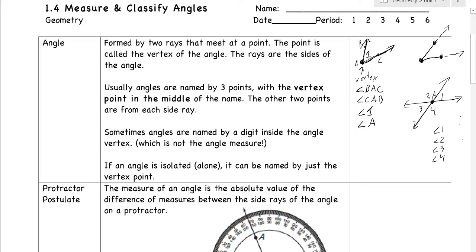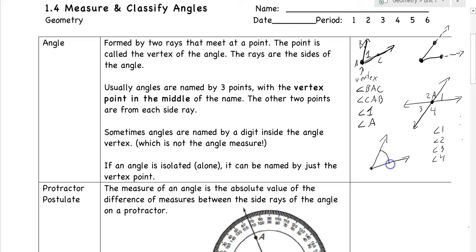If we want the number inside to be the measure of the angle, how many degrees the rays are apart from each other, remember all the way around a circle is 360 degrees. So these angles chop a circle up into a certain number of degrees.